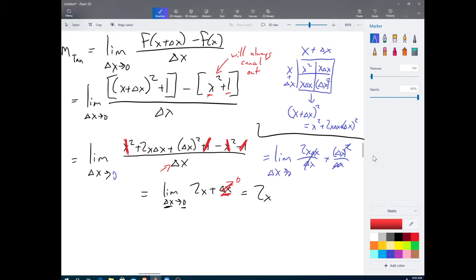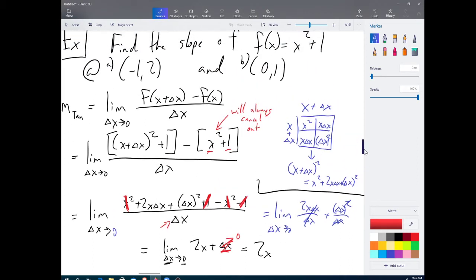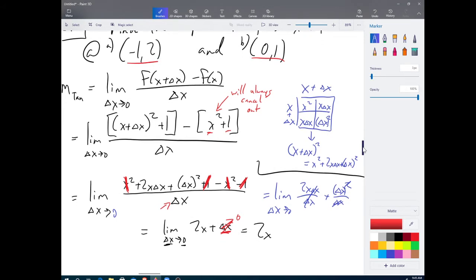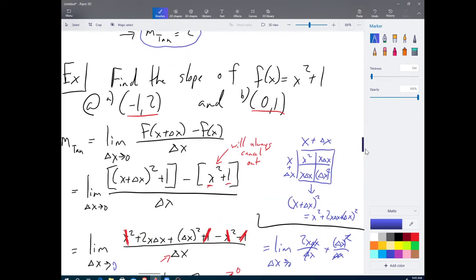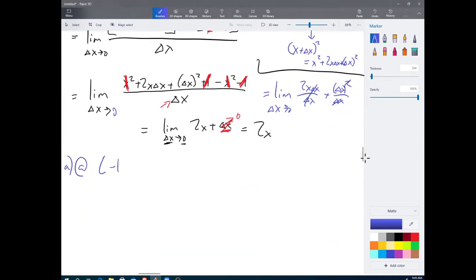And then remember, I want to find the slope at these 2 points when x is negative 1 and when x is 0. At, what was that whole point? Negative 1, comma 2.